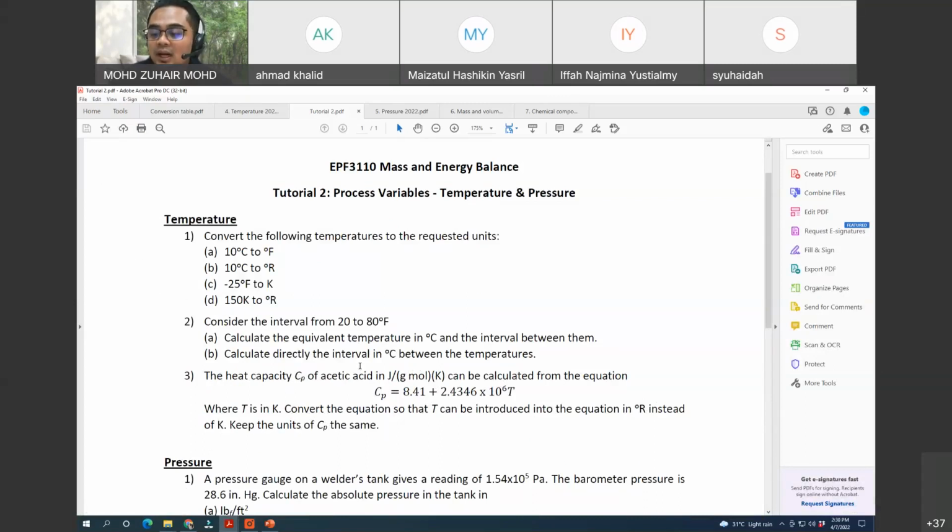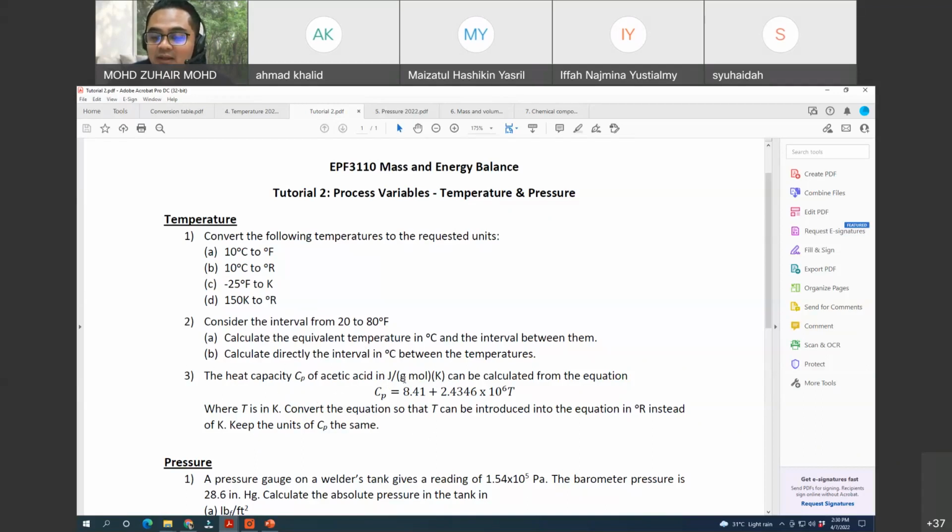If you refer back to the lecture video that I gave, I also provided a similar example, but it's a bit longer, in which it has two steps. The first step is to convert this T from Kelvin, the SI unit, to the English unit, and then the second step is to change the unit of the heat capacity.